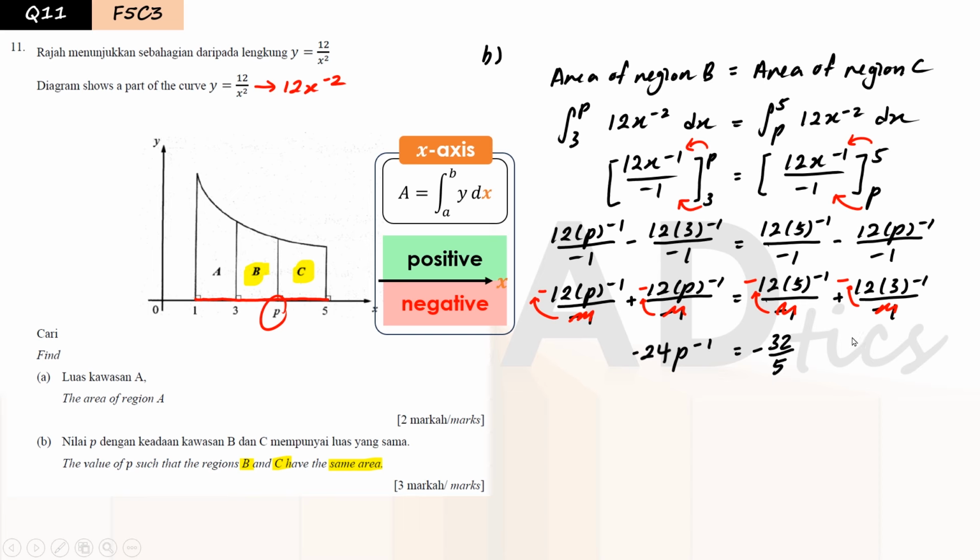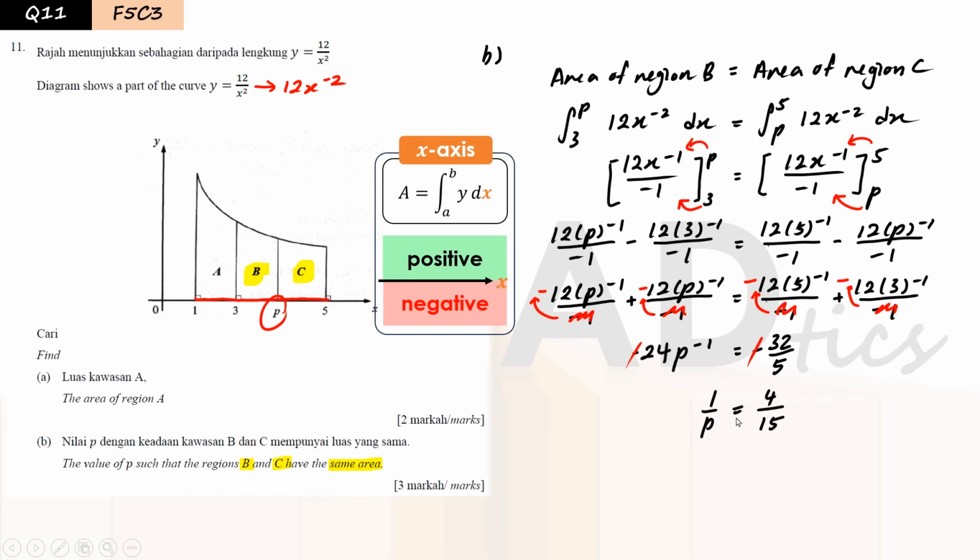Now if you see left side and right side, both of them are negative values, so I can just cross off the negative on both sides. Then the 24, I can move it to the right side to divide with this value, so we will get 4 over 15. Now for the p to the power of minus 1, I can change it into a fraction, so it becomes 1 over p.